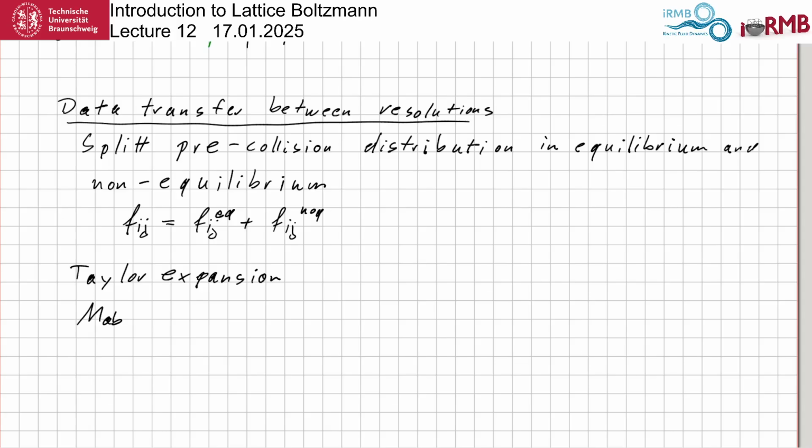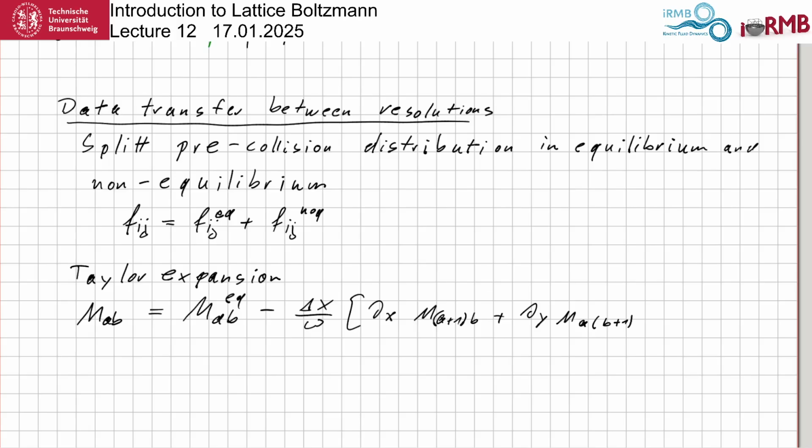So M_AB is M_AB equilibrium minus delta x divided by omega, and here comes d_x M_(a+1)b plus d_y M_a(b+1).